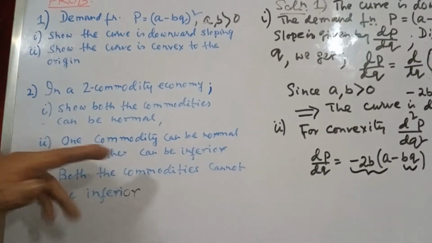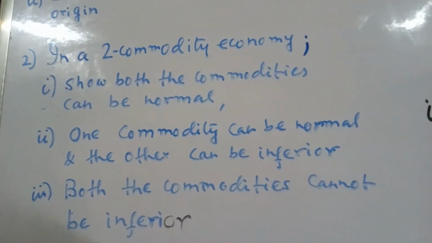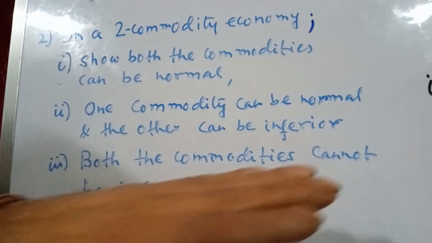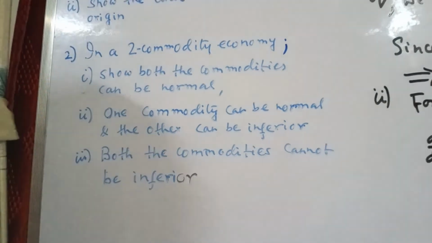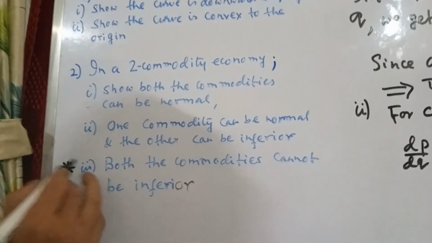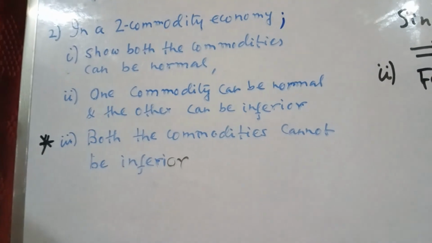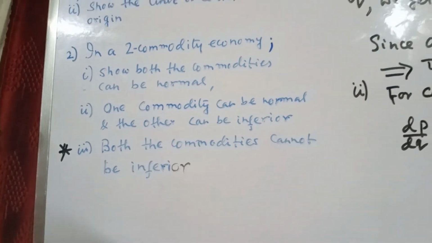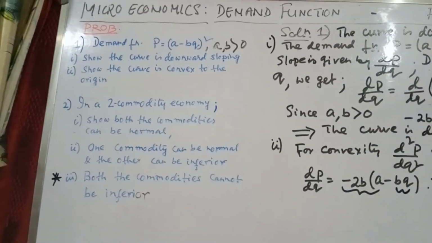Number two, one commodity can be normal and the other can be inferior. And number three, both the commodities cannot be inferior. That is very important. The commodities can be either both normal, or one normal and the other inferior, and both commodities can never be inferior.